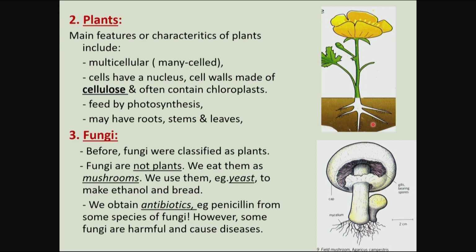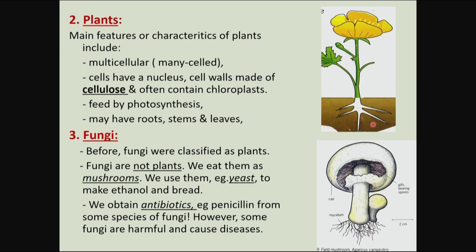The third kingdom is fungi. Okay, if singular, you call it fungus. Okay, before we used to classify fungi as plants, but we realized that fungi are not actually plants. Okay. We use fungi in so many places. We can use them, e.g. yeast, to make alcohol and in bread baking.